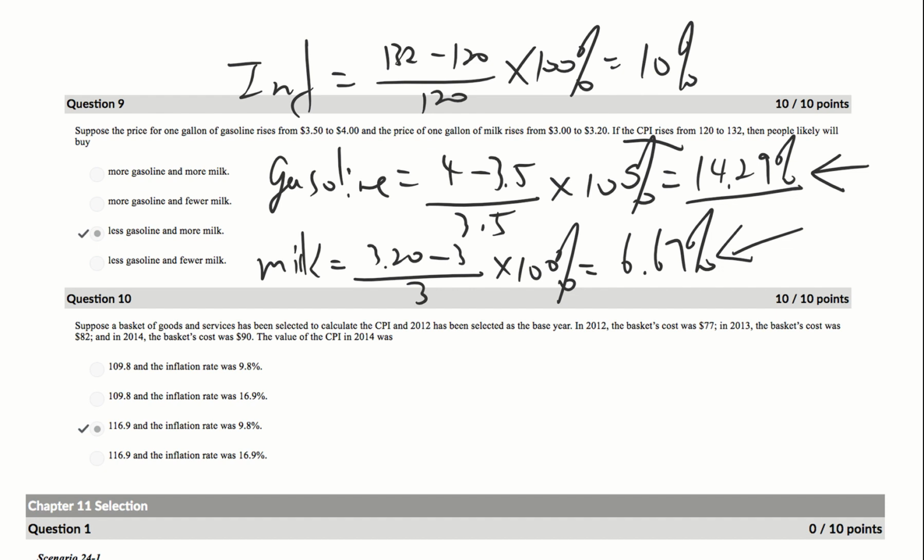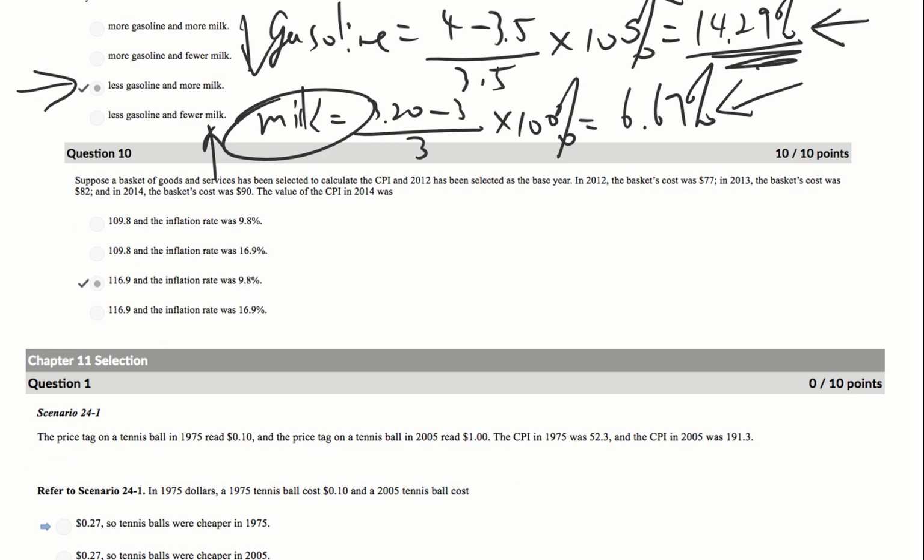So milk is actually getting cheaper compared to everything else. So you're going to buy more milk, but gasoline is getting more expensive because it's increasing faster than inflation. You're going to buy less gasoline. Okay, so the answer is going to be C. So less gasoline and more milk. All right, so next, similar question to one we did before.